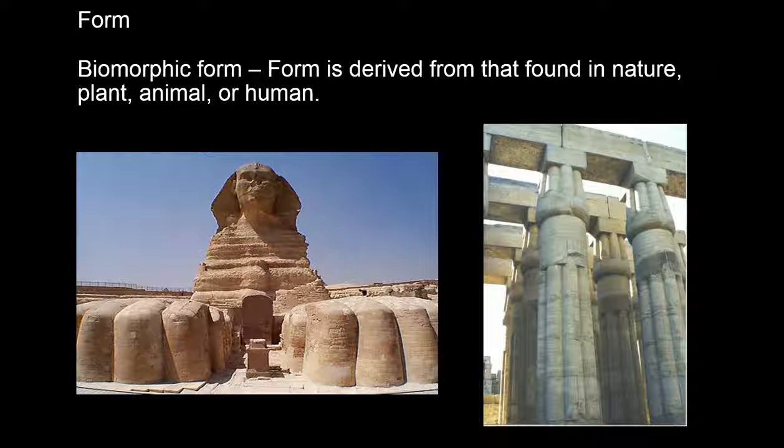Ideas of biomorphic form or organic form. Humans and animals are organic in nature. We are not Euclidean, right? And so when you take a look at the Sphinx, that's one example of a piece of ancient architecture that has this biomorphic organic form.